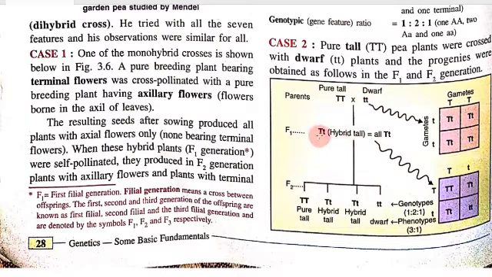In the F1 generation, the first filial generation, all plants are tall, capital T, small t. Then in the F2 generation, the same F1 plants are self pollinated to get a 3:1 ratio, 3 tall and 1 dwarf. Of the 3 tall, 1 will be pure tall and the other 2 are mixed tall, the hybrid tall, capital T, small t.